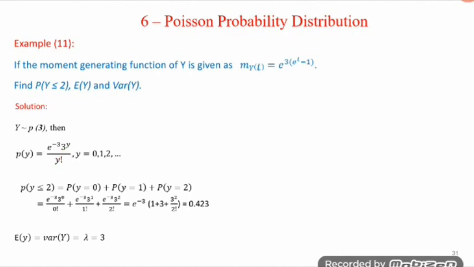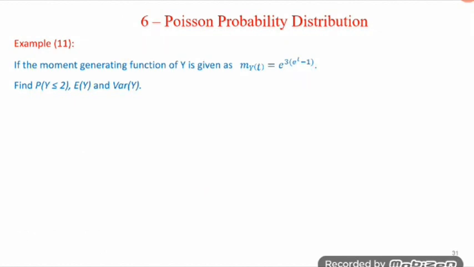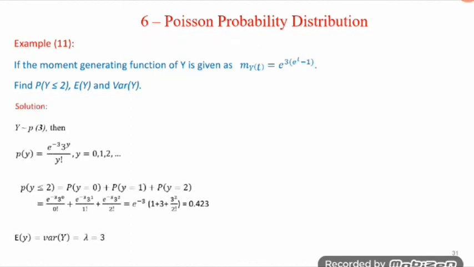So all we need each time is to substitute in this formula the value of Y. So here we'll substitute with Y equals 0, and then here with Y equal 1, and here with Y equal 2. At the end we'll find that the probability equals 0.423. The expectation and the variance equal each other and equal lambda, which is 3.